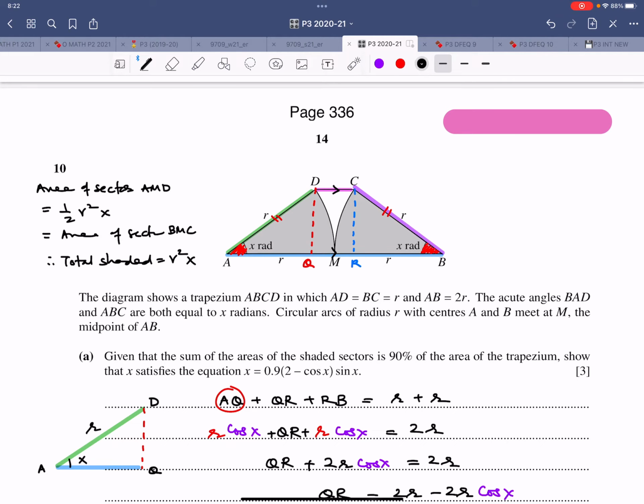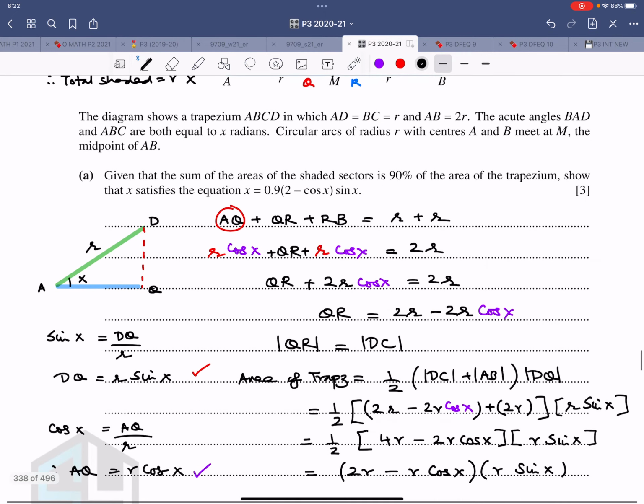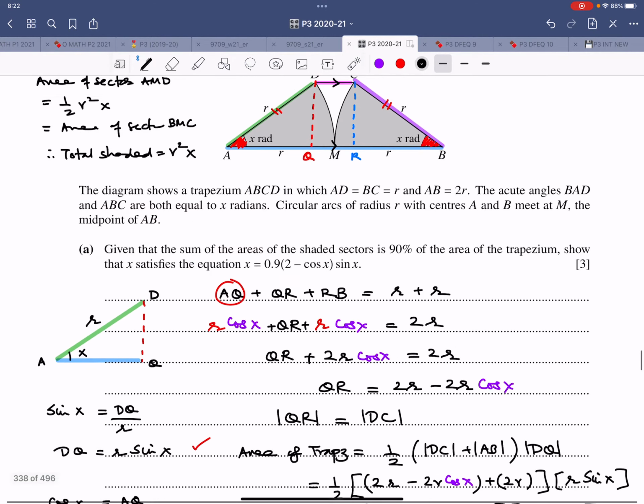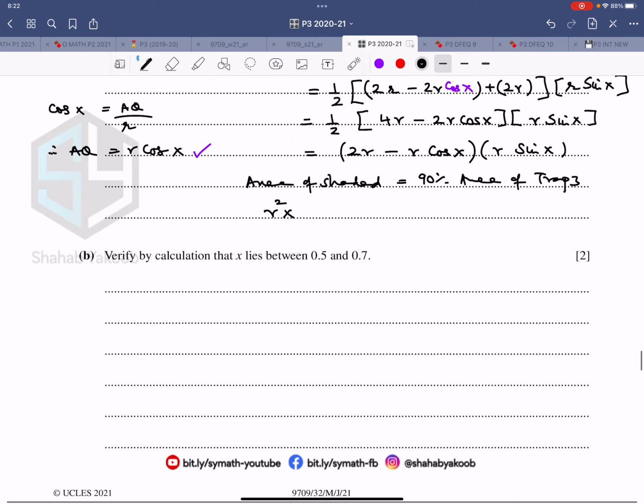Now the area of shaded sector is 90% the area of trapezium. So area of shaded is 90% area of trapezium. So therefore r square x is 0.9 multiplied with 2, and let me take r common out, and this is 2 minus cosine x multiplied with r sine x.